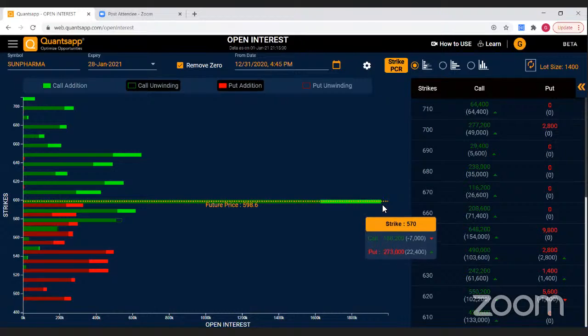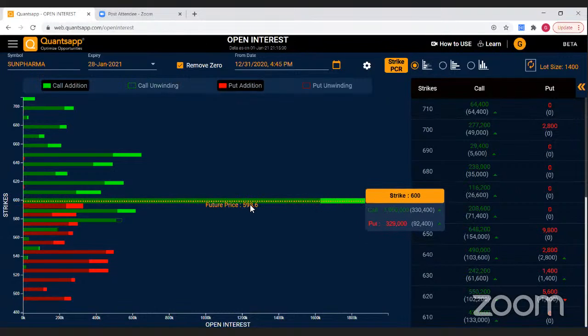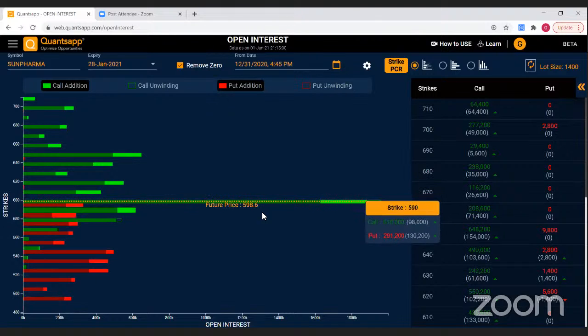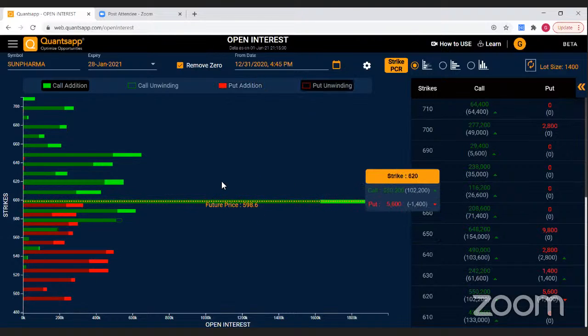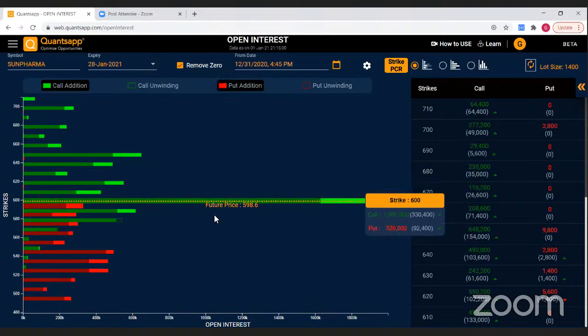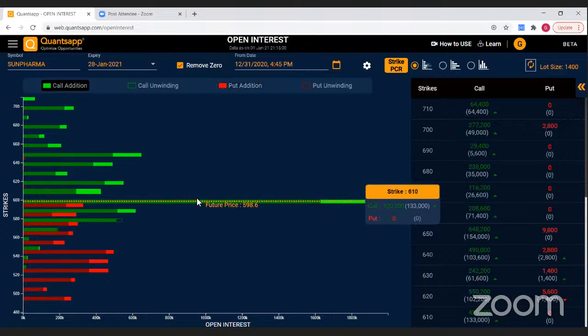The difference is just 2.4 from the highest call, and the call writers are increasing their positions, which is a sign that they are still here and still increasing their position in a very big way. The put side is only around 3 lakhs, which is not a big amount compared to the call writers at the same level. So you should consider that the call writers are much heavier on this particular strike.